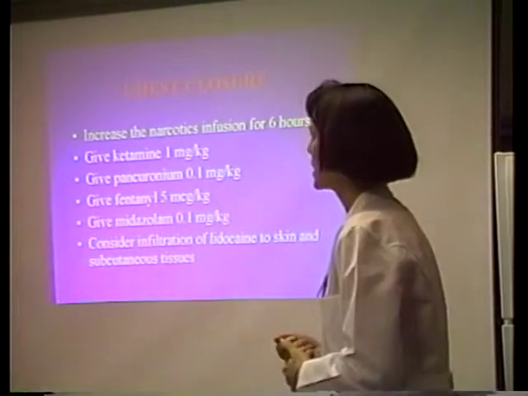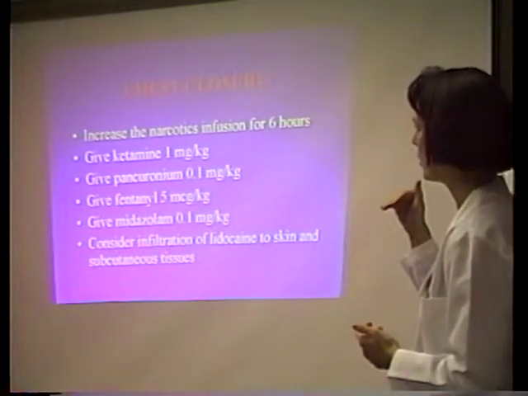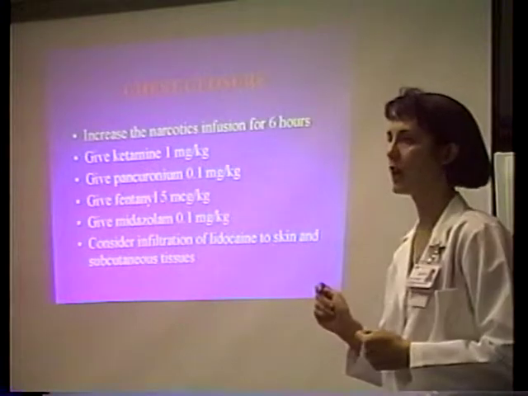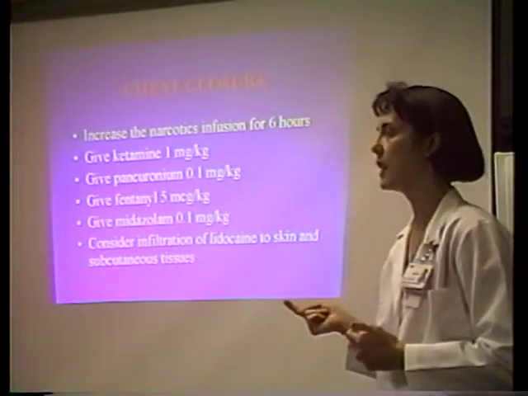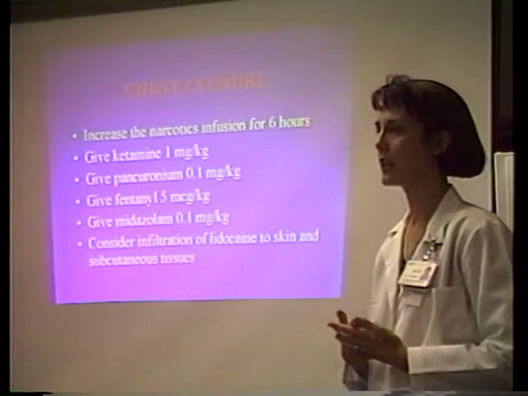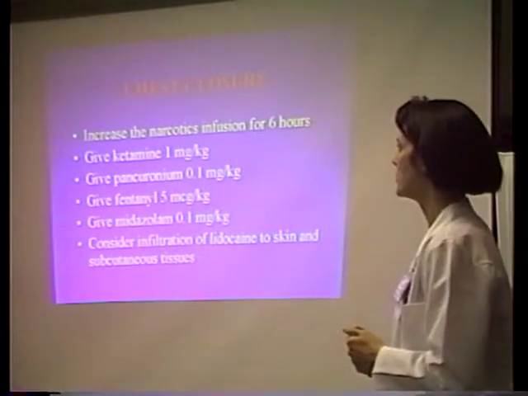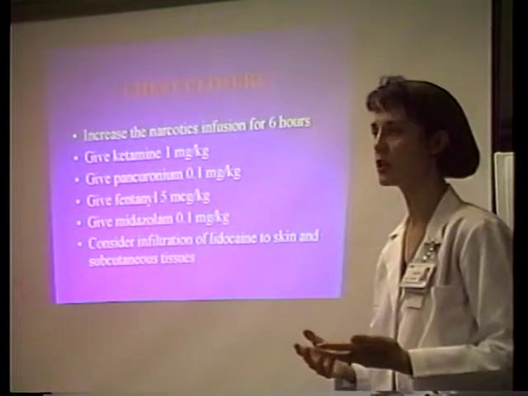Okay, so for chest closure, it's pretty much the same steps that you follow. I'm not going to go over each of those except to increase the narcotics infusion. The problem in chest closure has been that some of these kids are on narcotics for a long time and have developed a tolerance, and you start giving the fentanyl and they don't seem to be touched by it at all.